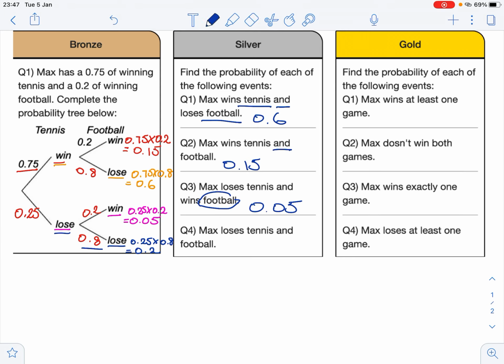And the last one, Max loses tennis, then he loses football. So it's the final branch, so it goes down. Remember, and means multiply, so it's 0.25 multiplied by 0.8, so the answer is 0.2.